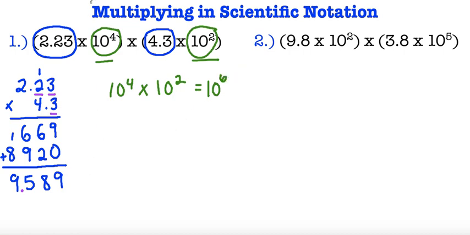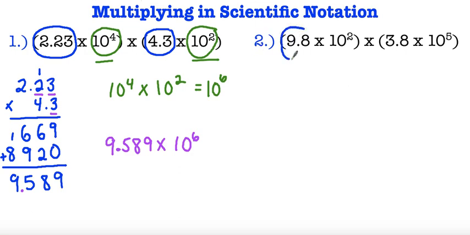And so my final answer, and we could see here that our final answer is in scientific notation because our value here is between 1 and 9, our first digit here. And we're multiplying times 10 to another power. So we're going to do the same thing here for number 2.